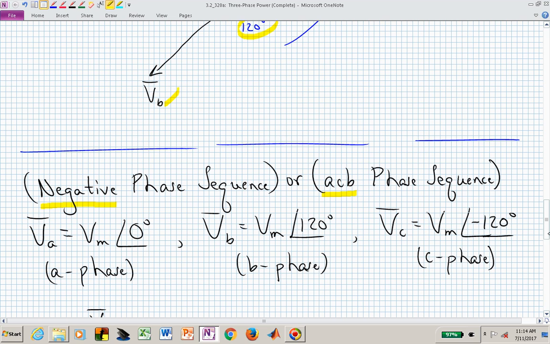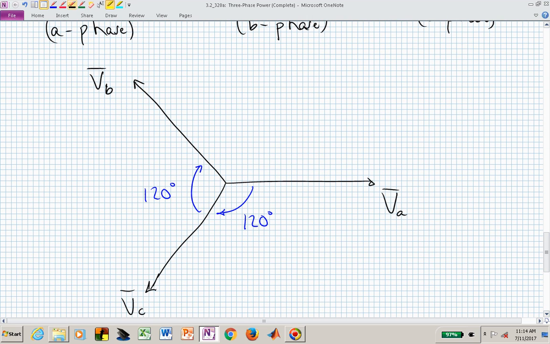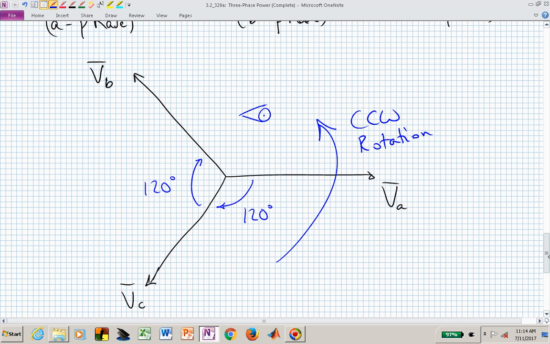So now, when we are looking from our vantage point, and this is going in a counterclockwise rotation, in a negative phase sequence, we're going to see A, C, then B.